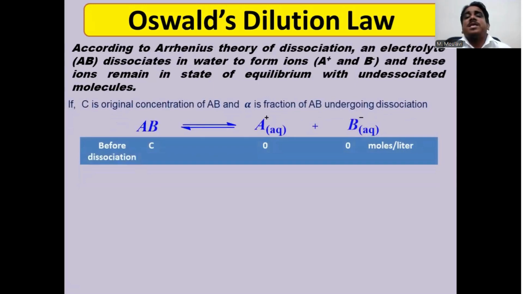If C is the original concentration of AB and alpha is the fraction of AB undergoing dissociation, meaning the degree of dissociation of the electrolyte AB, then AB when dissolved in water undergoes dissociation to form A+ ion and B- ion. Before the dissociation, at time t equal to 0, C is the original concentration of AB in moles per liter.